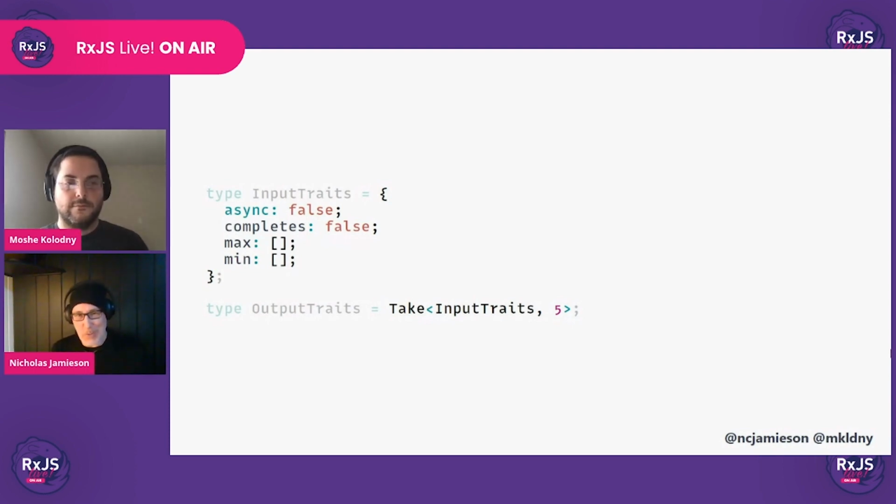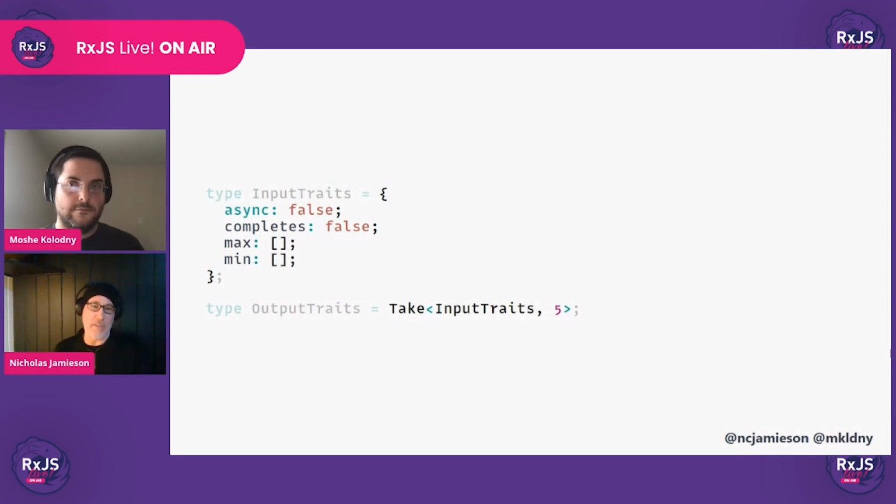But things get a little bit trickier when we look at what the type is that's associated with the observable that's returned from the take operator. It's a take type that's taking the input traits, and they'll be the traits that came from never. And looking at this, the first thing is, how do we figure out whether or not any of these properties have changed?